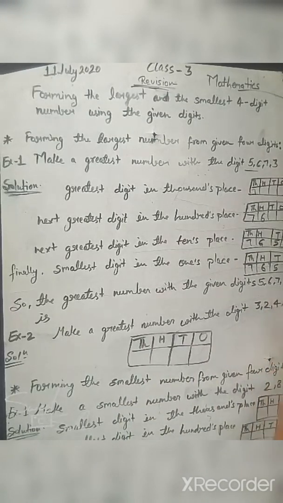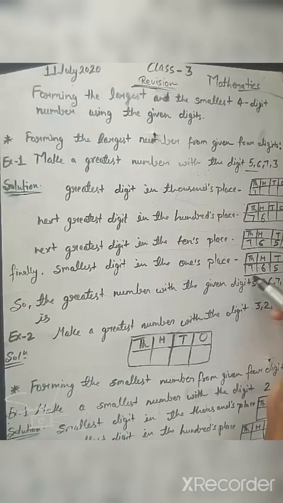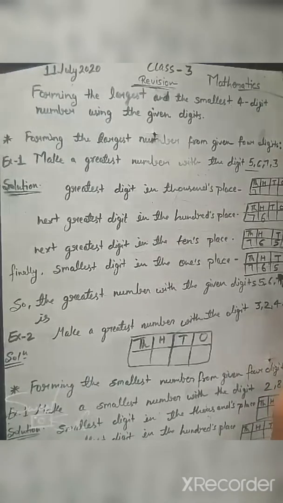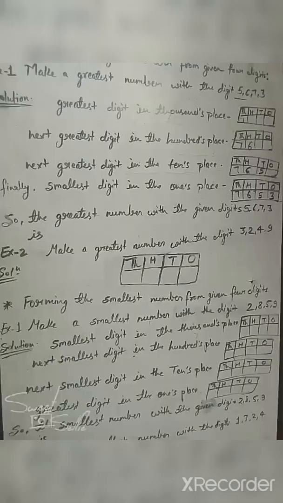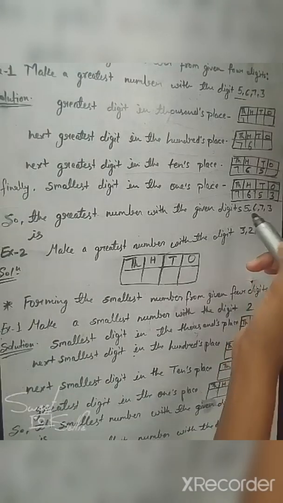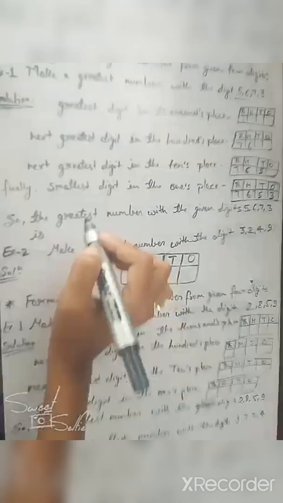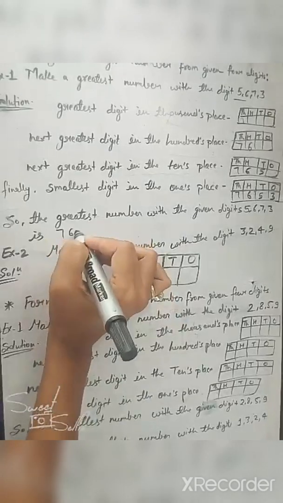So you can see here we get a 4-digit number, that is 7653. So the greatest number with the given digits 5673 is 7653.